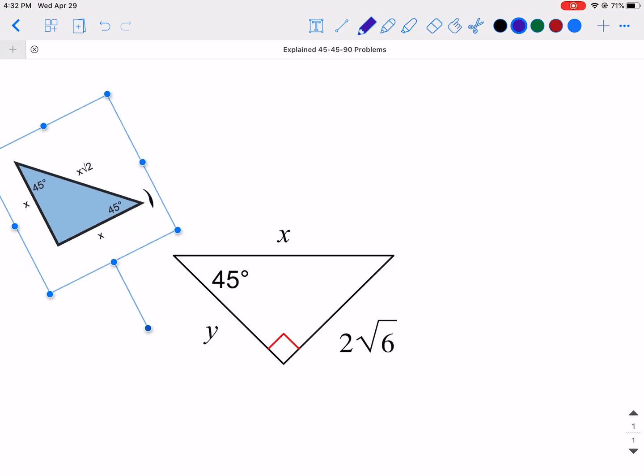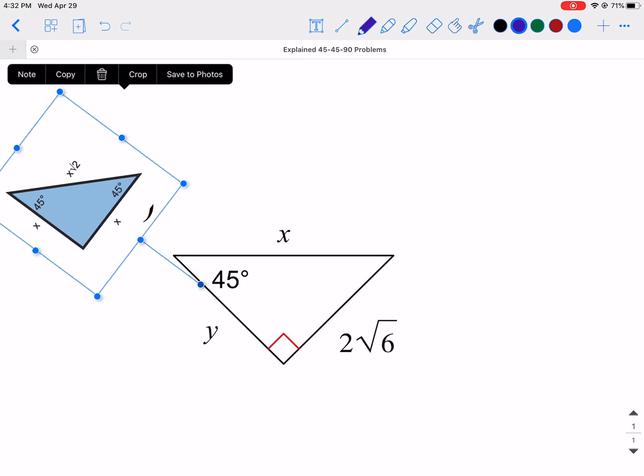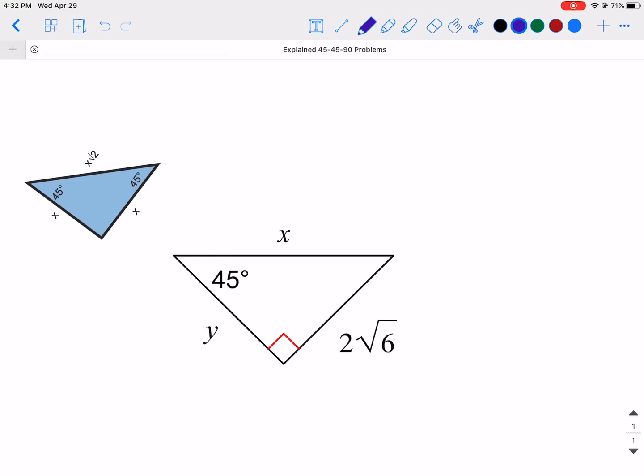All right, so I'm going to move my base triangle to look like my example problem and move that over and cover that part. What I know is this is my x radical 2, so I'm just going to put a rad 2 there. And I know that this side is my x, up here. So I'm just going to change the value of that for x for our purposes.